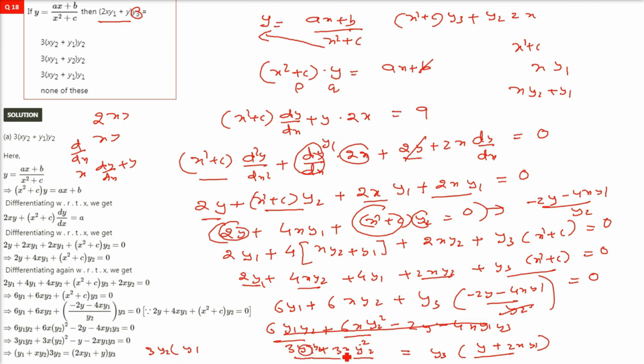So I'm just taking things common. You know it very well, because it's just taking common and making it relate to the options being given in the question. So 2x y1 plus y into y3 is essentially equal to option A, which is y1 plus x y2 into 3y2, and that is going to be your answer. That is what you are going to tick or choose in these multiple choice questions, right?